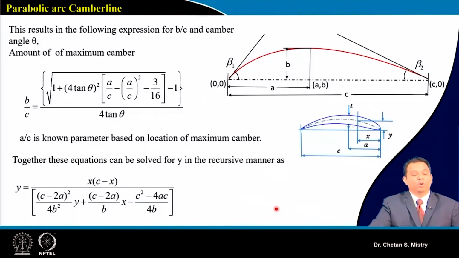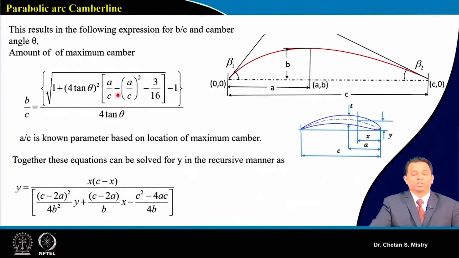Okay, now what we know, we are more interested in having our formula in the form of, say, camber angle. So we will consider this equation, which needs to be represented in the form of B by C, and that is a function of my camber angle. So the amount of maximum camber, the location we are discussing, B and C, can be calculated based on this formula.